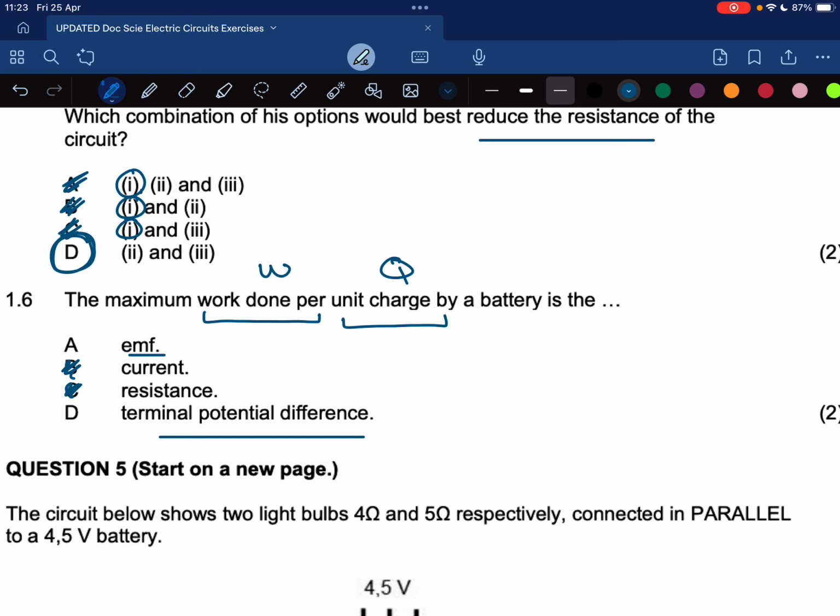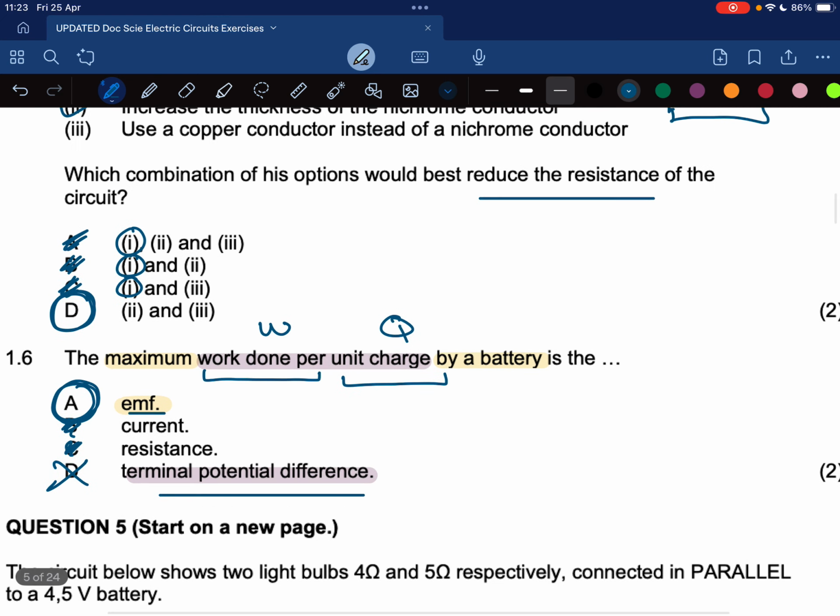So if it was just this part, work done per unit charge, it would be terminal potential difference. But because it says maximum work done by a battery, then it must be EMF. So that means that D would be out and A would be the answer here. Okay, so just take note of that.